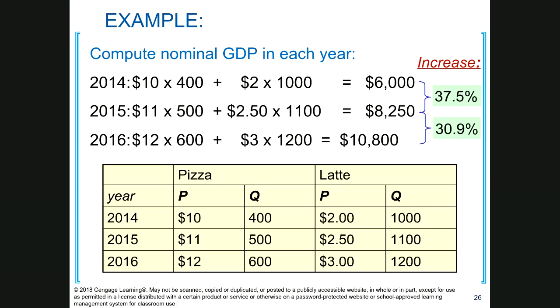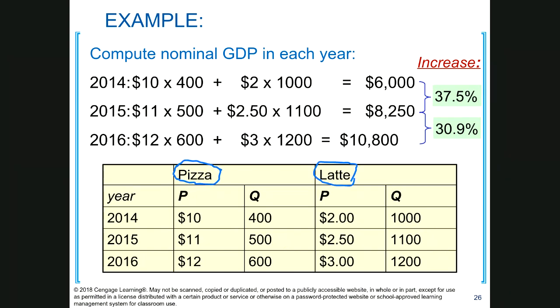Let's say in our economy, we just make 2 goods, pizza and coffee. Of course, we have millions of goods, right? For simplicity, to understand it, we just assume we have 2 items produced by the whole society in the whole year.